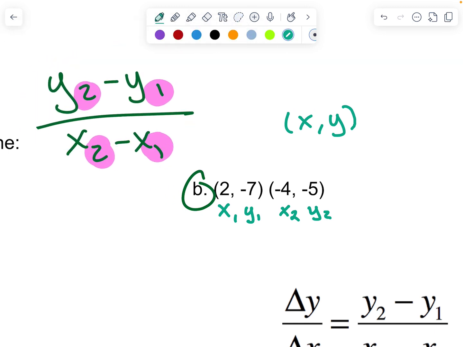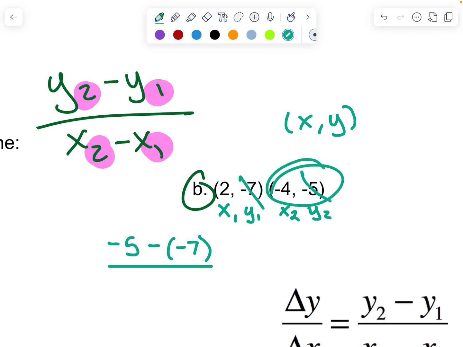So first thing that comes up is the y2, so that's the -5. And then minus whatever the first y is. Now this one's a -7, so I have to be careful here. I'm going to have two negatives. So I'm going to put parentheses around it just to not confuse myself. Then on bottom, okay, so we've used up the y2 and the y1. Now, if I started with this point, I have to start with that point again.